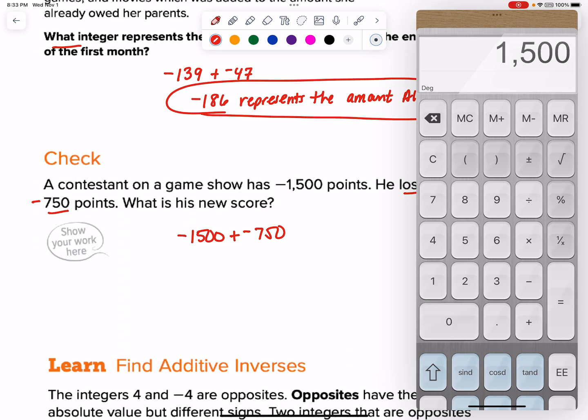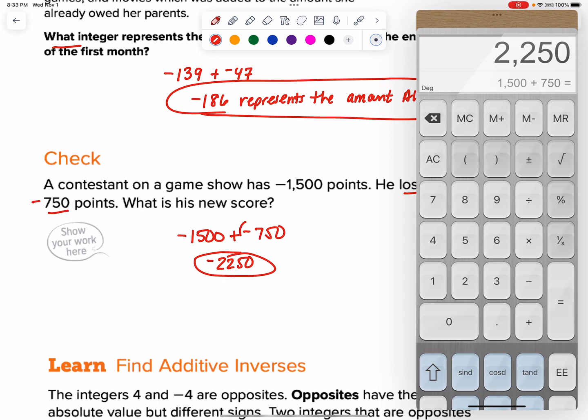Okay, so what is his new score? 1,500. And so instead of writing negative, remember you have this trick or this song. We can say same signs, they're both negative. Same signs, add and keep. So I can just do 1,500 plus 750 and then keep the negative. So negative 2,250 is my answer. Okay.